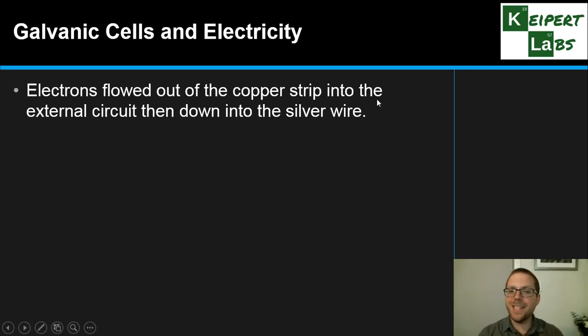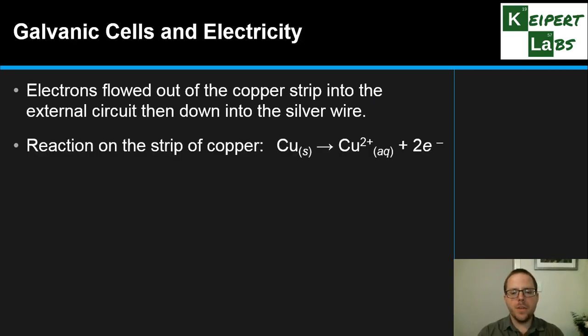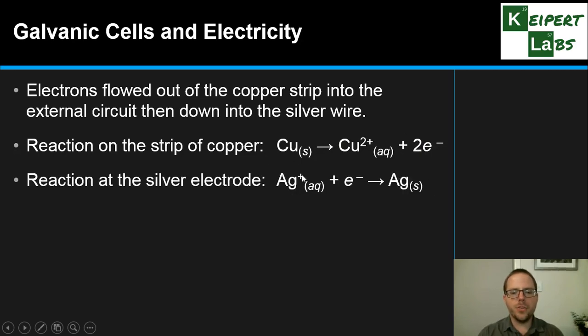So even though they weren't physically touching each other, the electron transfer could still happen. On the strip of copper, we had copper metal becoming copper 2+, so it was oxidizing, losing 2 electrons to make this change. At the silver electrode, silver ions were reacting with an electron to form silver metal.